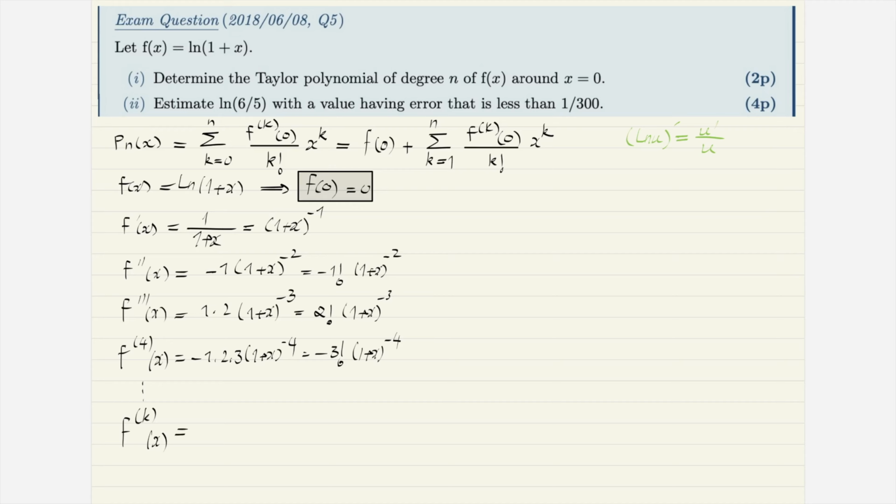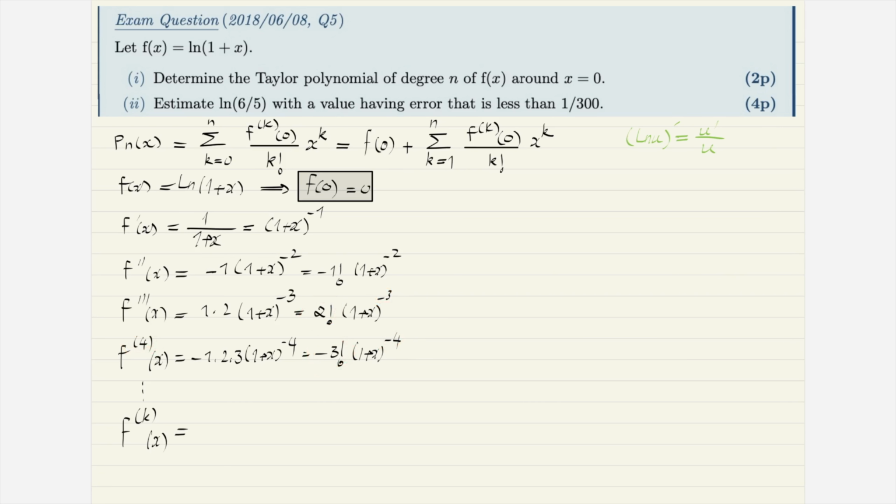Let us check. For example, if I have 2 here, then I have 1 factorial, and then I have negative 2 there. If I have the third order derivative, I have negative 3 here, but I have 2 factorial. If I have fourth order, I have minus 4 here, but I have minus 3 factorial, okay?